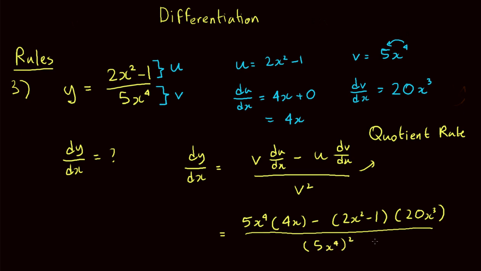And of course you can simplify this and try to get the simplest answer possible, but I'm just going to leave it right here just to show you this is how we do the quotient rule. And we also have some other rules too, which I also discuss.